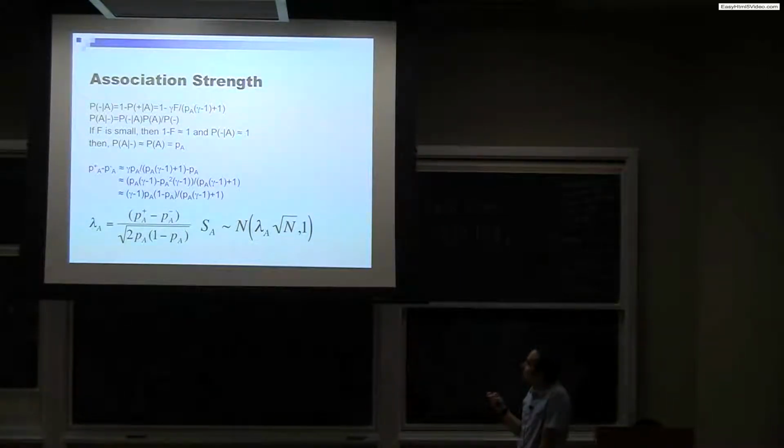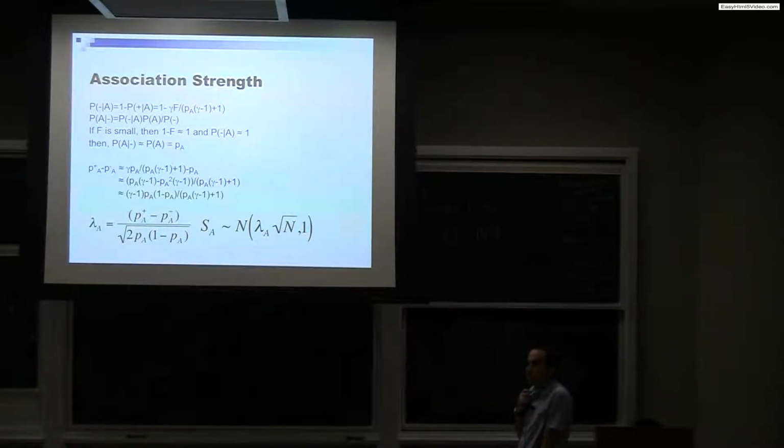So if this is approximately 1, and I go back to here, what am I going to get? Actually, there's a typo here, I realized. Basically this value, PA minus, is going to be approximately PA. So if 1 minus F is 1, then P minus given A should be basically P minus. Sorry, this should be P minus.